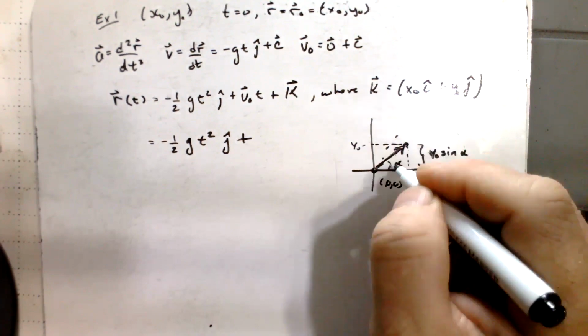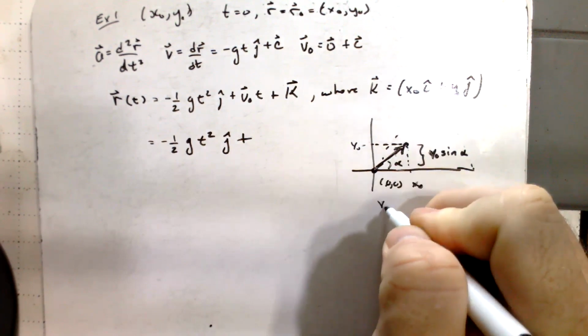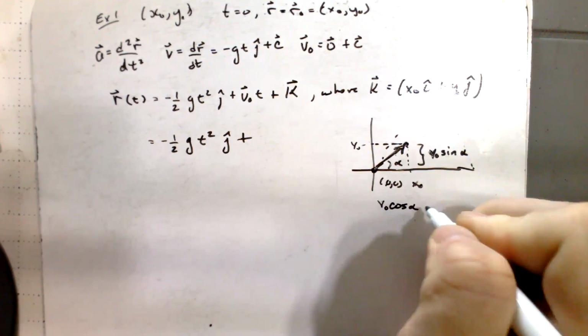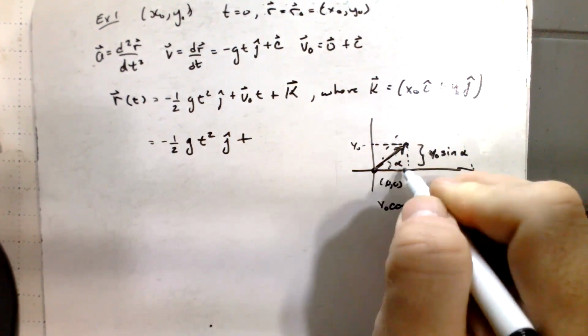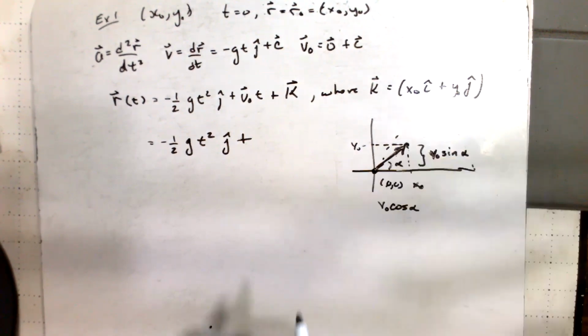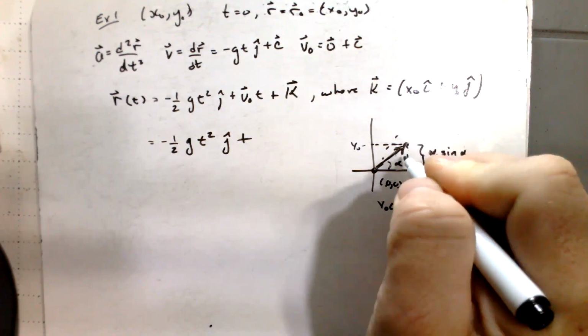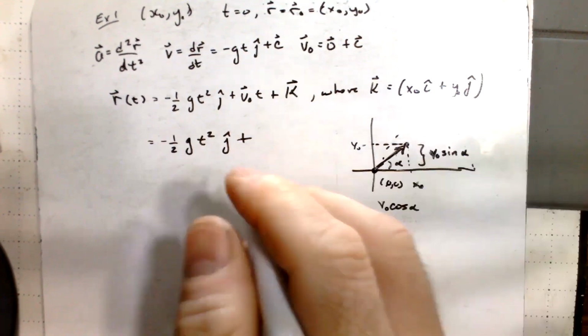This is a v naught along that direction for the velocity, and this is then the v naught cosine of alpha along the x direction. So that's how the velocity from our new position changes as we move our axis in that direction.